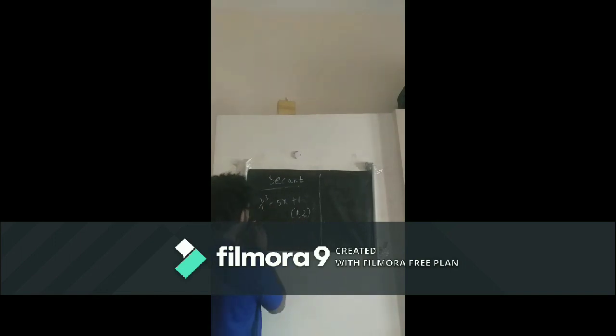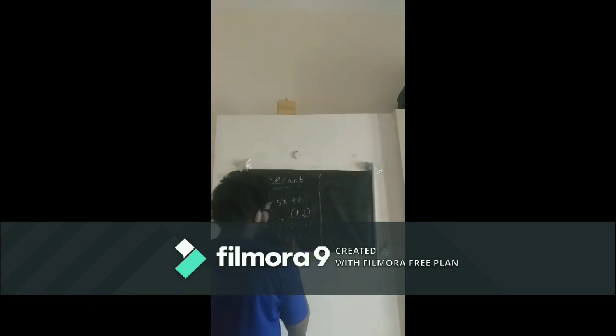So f of 1 is equal to, this means substituting this 1 for x. So this means 1 cubed minus 3 into 1 plus 1. So 1 cubed means 1 minus 3 plus 1. So how much is this? 1 minus 3 means minus 2, plus 1.